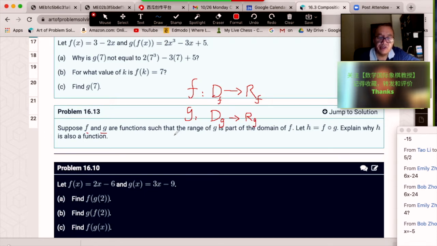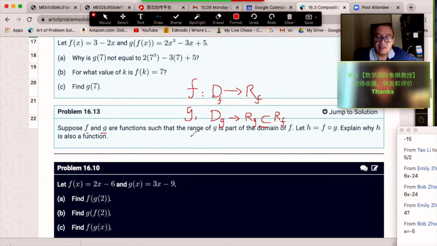Now they tell you that the range of g is part of the domain of f. So that means this set is included in Rf, so the range of g is smaller than the range of f. So I use this sign to represent Rg is included in Rf.